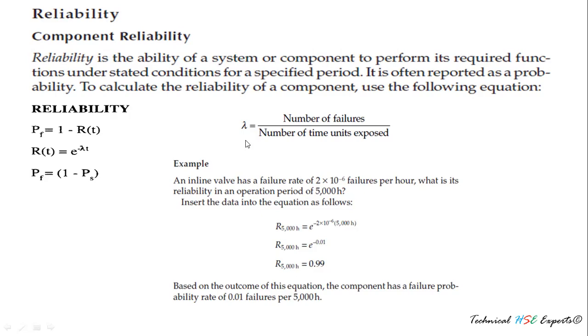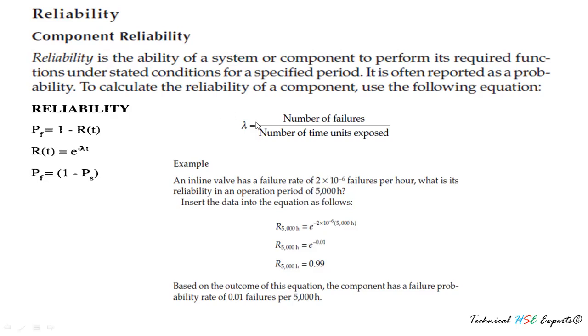Basically, reliability means the probability of success. Each component inside the plant will have a reliability value. Based on that, the reliability team will fix at what time period this equipment needs to be maintained or inspected. All these criteria will be determined from this value only.